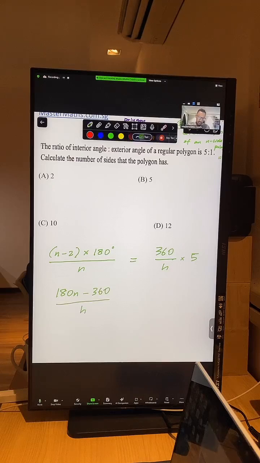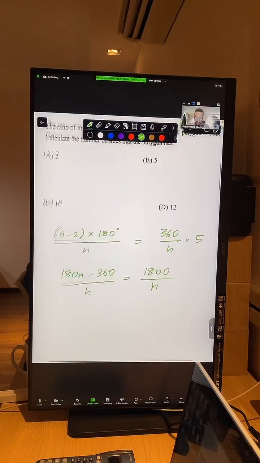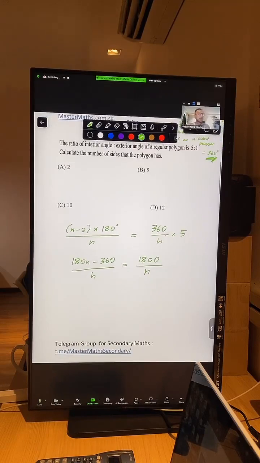This one you expand this portion here, you will get like this. Equals to, now what's 360 times 5? Let me take out my trusty calculator. 1,800. Okay, so 1,800 divided by n.